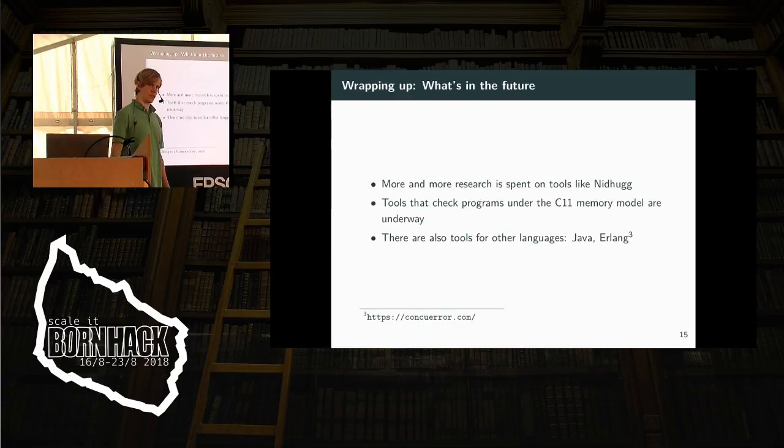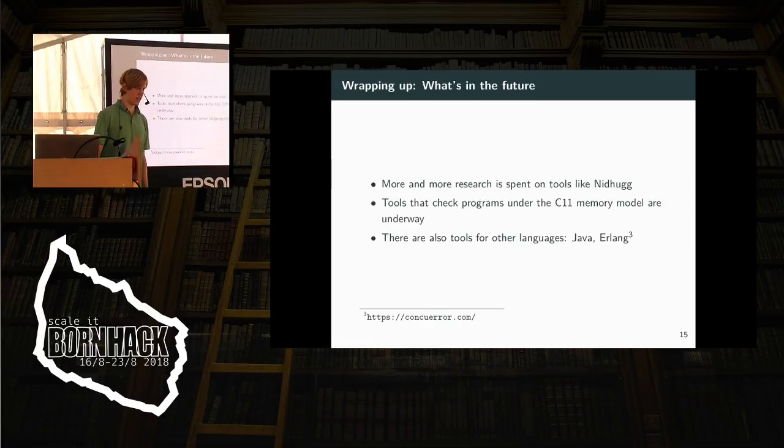A current part where a lot of work is being spent is on generalizing these techniques to the C11 memory model, which means that tools will come out somewhat soon, we'll see when they are actually available. These are academic things, so making a battle-hardened tool is not what we are sponsored for, unfortunately.